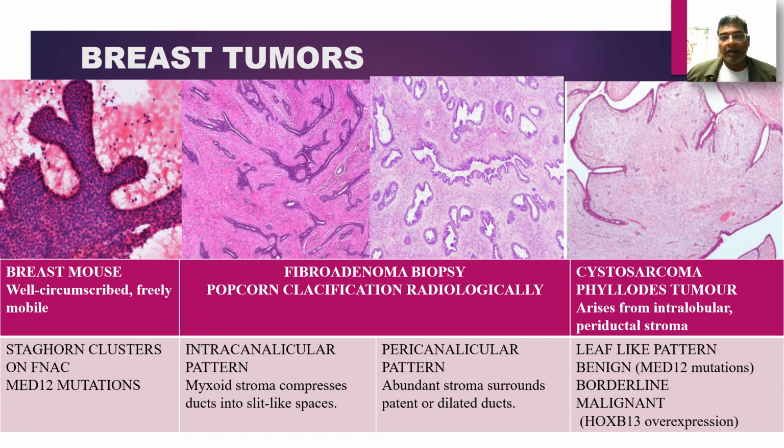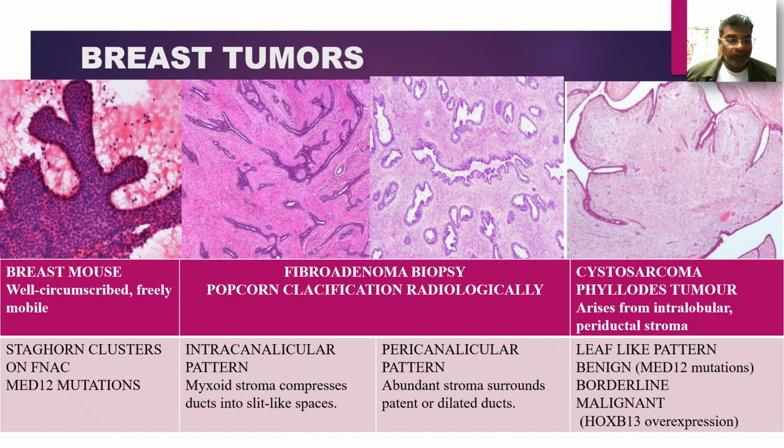In the intracanalicular pattern, the myxoid stroma will compress the ducts into slit-like spaces, whereas in the pericanalicular pattern, the abundant stroma will surround the patent or dilated ducts. You can easily appreciate that in the pictures shown. The first one is Stag-Horn clusters seen in breast mouse FNAC, the second picture is the intracanalicular pattern of fibroadenoma, and the third picture is the pericanalicular pattern of fibroadenoma.